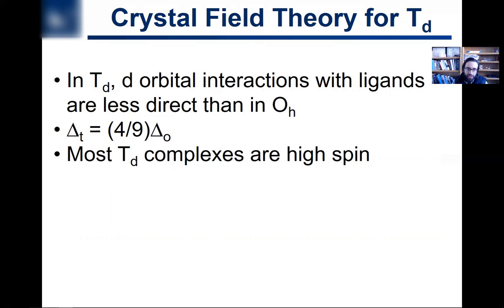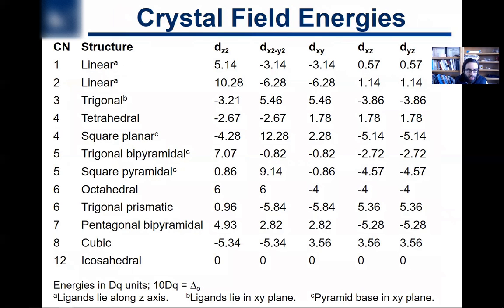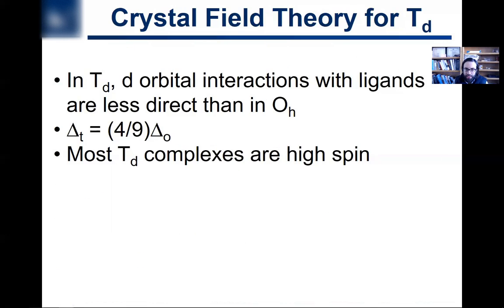There are some exceptions, but those are really rare, and they're tetrahedral complexes designed specifically to be low spin by using various tricks. So yeah, that's the relationship between tetrahedral symmetry and octahedral symmetry in terms of crystal field theory.